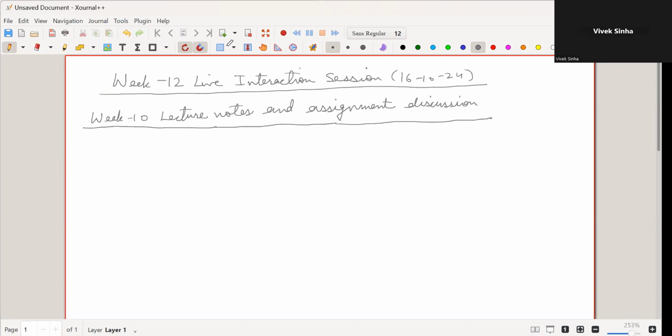Okay. So let's start with the definition of a tensor product.